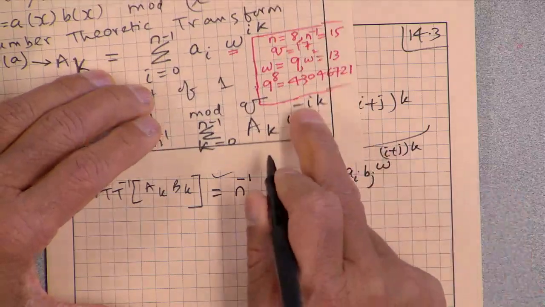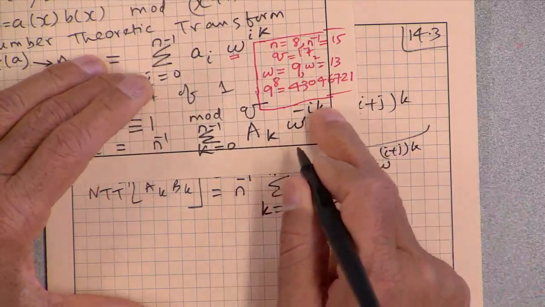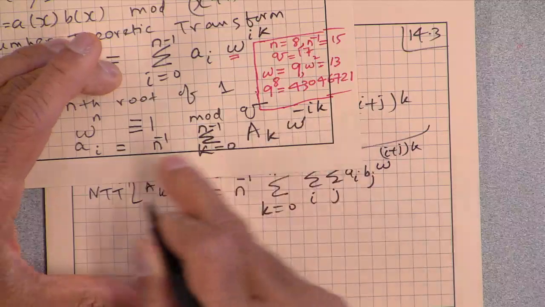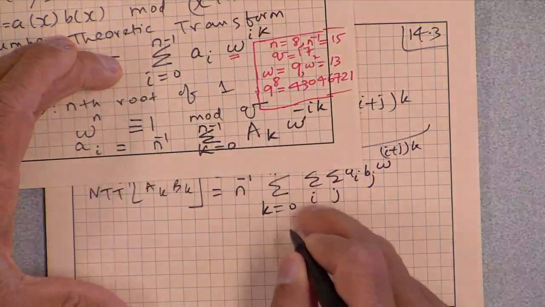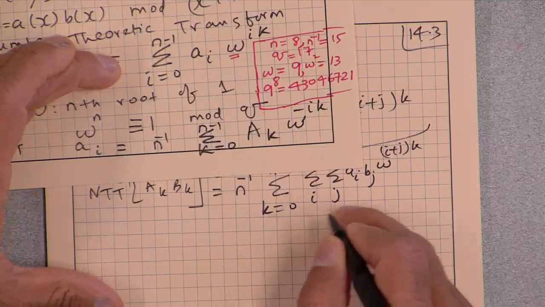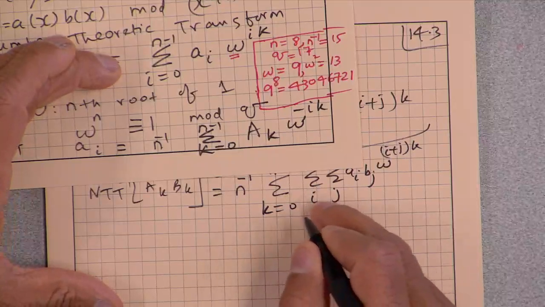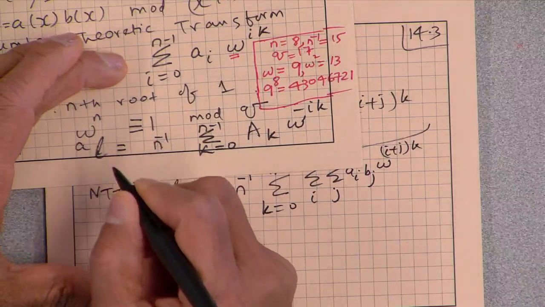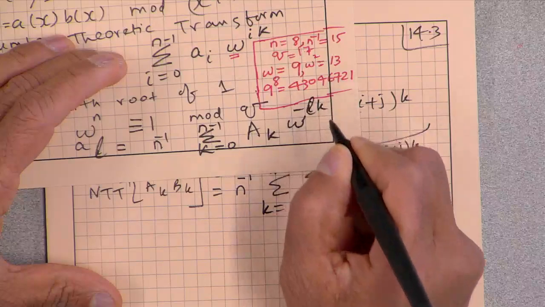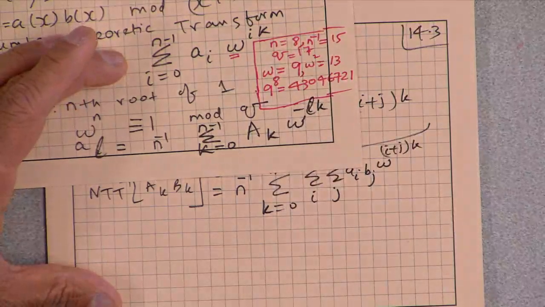And then this omega to the power, so instead of computing a_i, let's compute a_l, because I don't want to use that notation i, since we are using it as a summing index. But let's correct that right here. So a_l and omega to the power minus lk. That way we don't get confused.